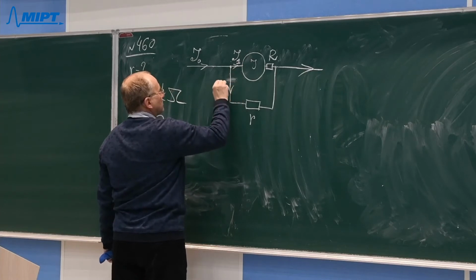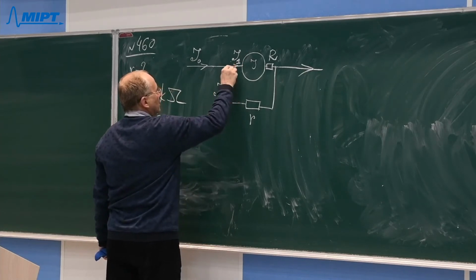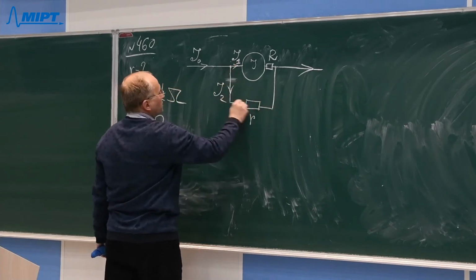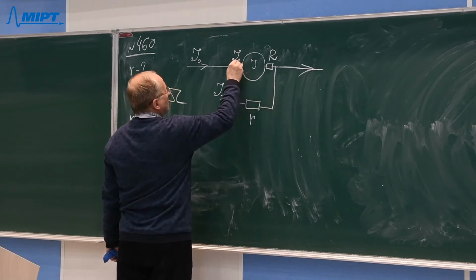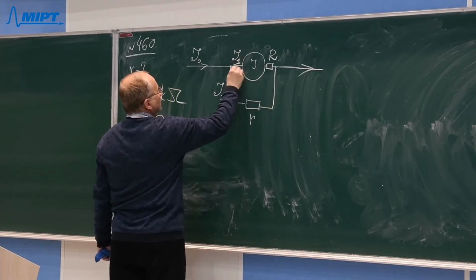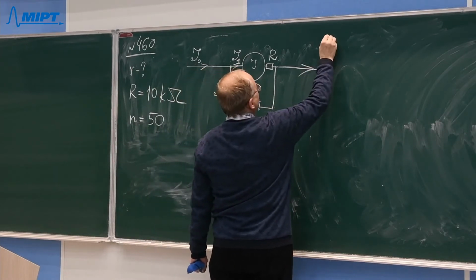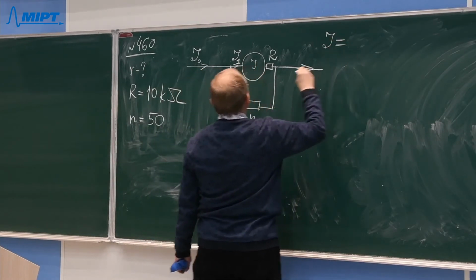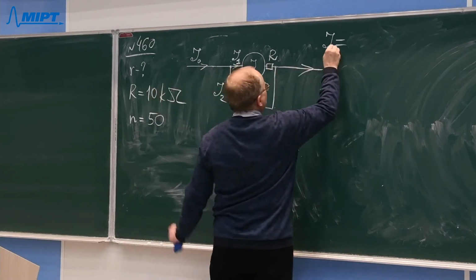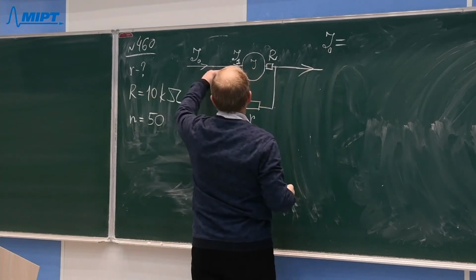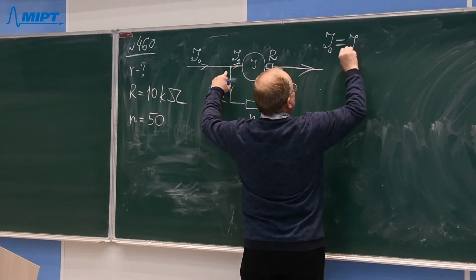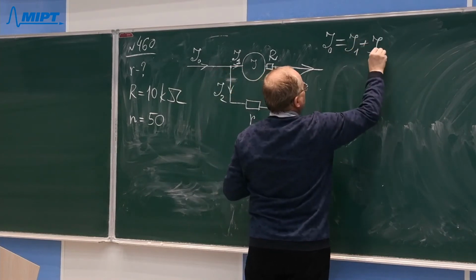Part of the current will go through the shunt. Some current I2 will go through the shunt, and another current I1 will go through the galvanometer. Due to the law of conservation of electric charges, the total current which goes through this wire will be equal to I1 plus I2.